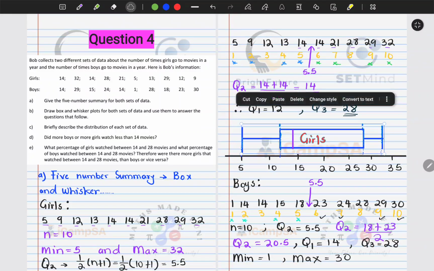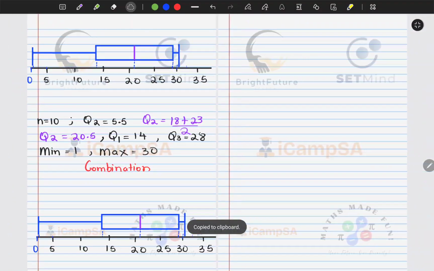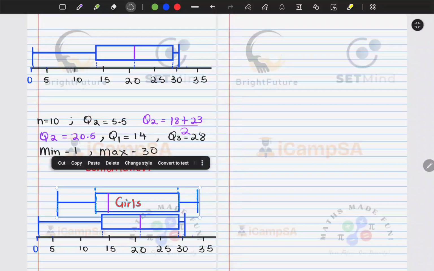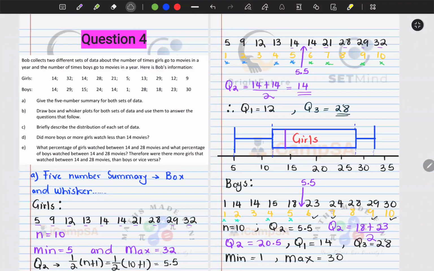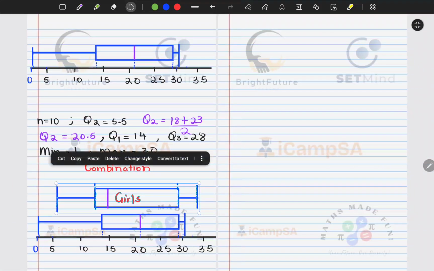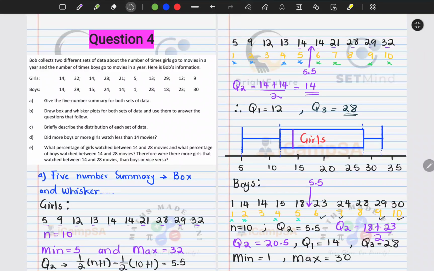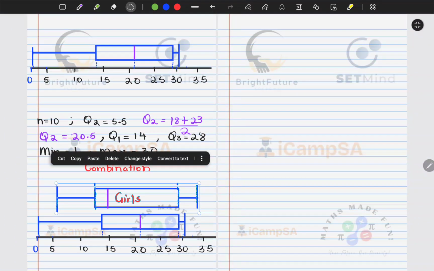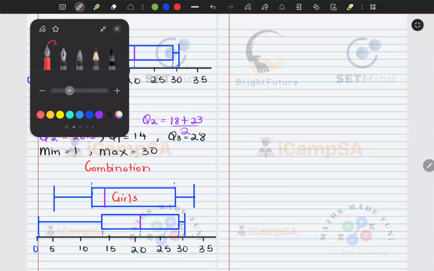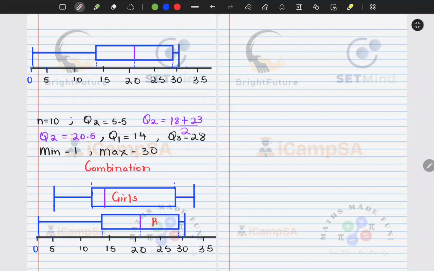There they are. Copy and paste. This would be just in case they were looking for this on one axis. So for girls, minimum was 5. Yeah, so it would look something like that. And maximum was 32. Yeah, that looks about correct. So this is what would happen. Okay, so this one here would be boys.